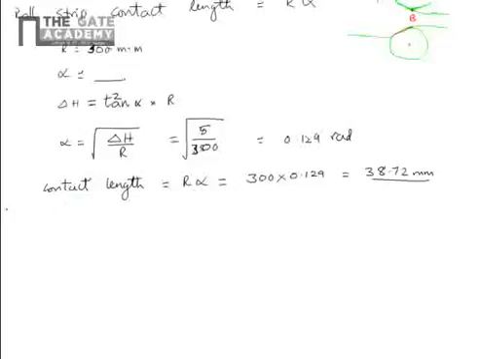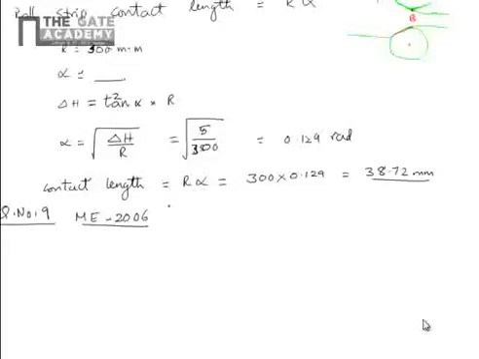Question number 9, GATE 2006. A 4 mm thick sheet is rolled with 300 mm diameter rolls to reduce thickness without any change in its width. The frictional coefficient at the work roller interface is 0.1.